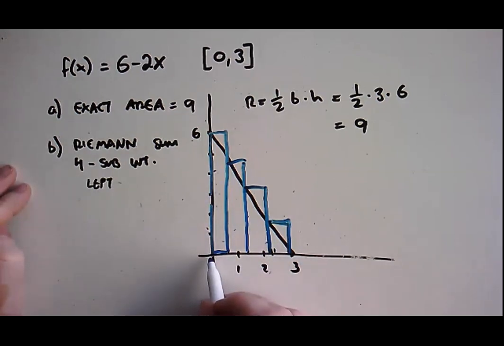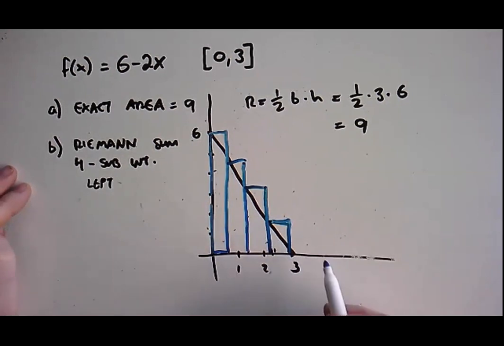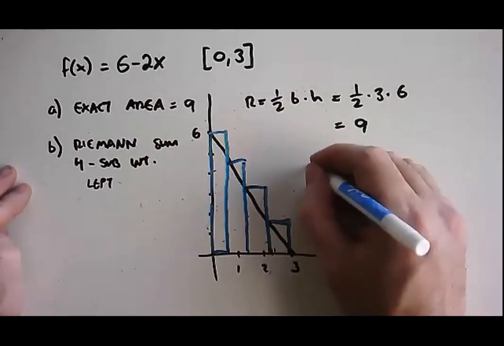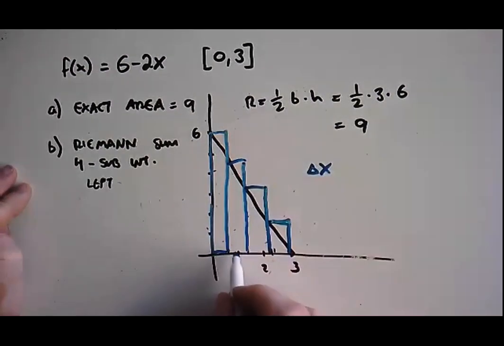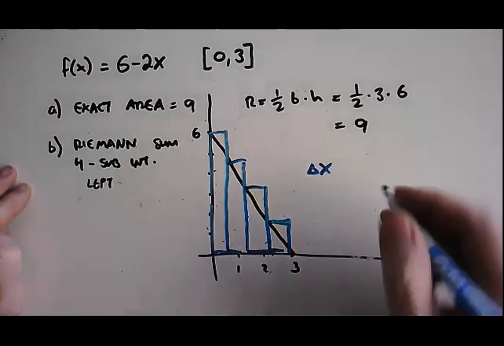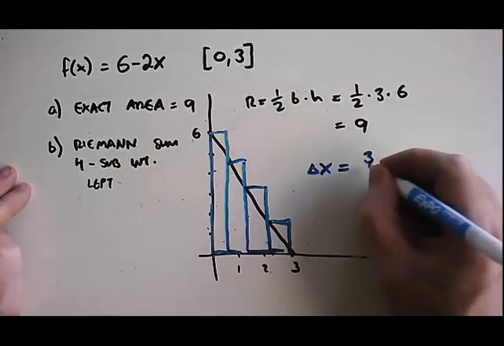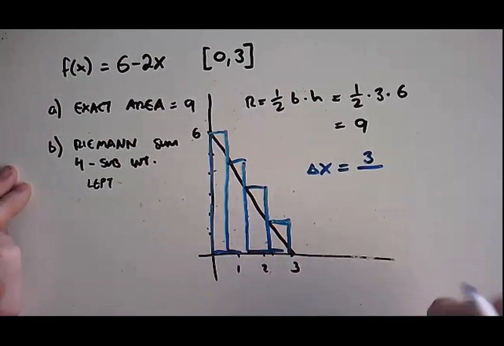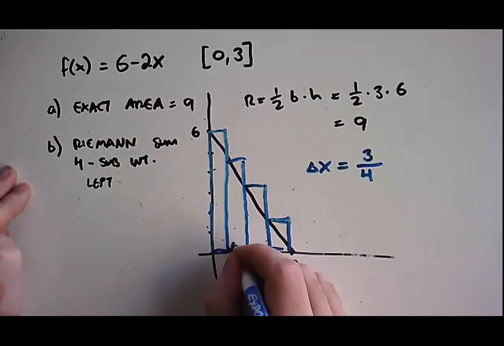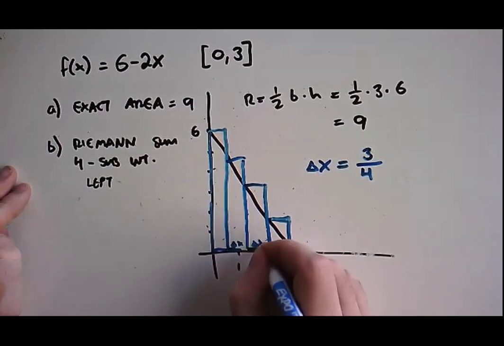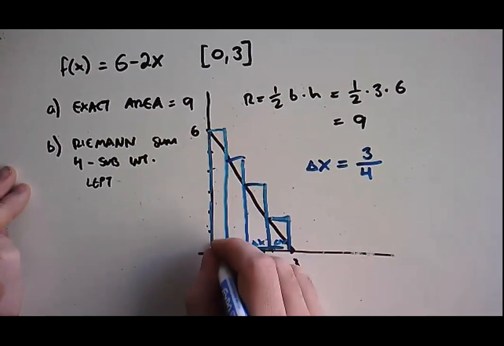Okay, so the full interval goes from 0 to 3, right? And so delta x in this case, that's the width of each rectangle, since there are 4 subintervals and the total length is 3, we'll take that total length of 3 and divide it into 4 subintervals. And so we've got delta x, delta x, delta x, delta x.